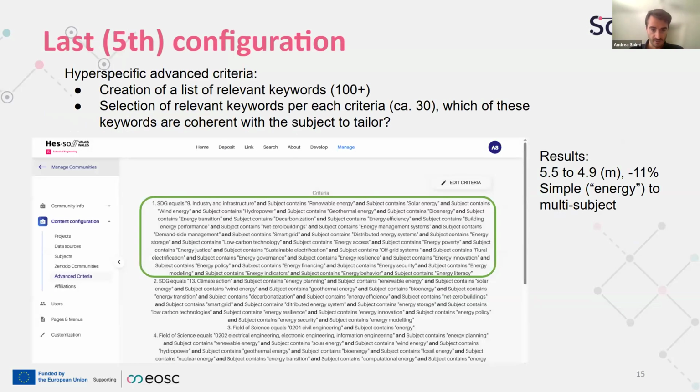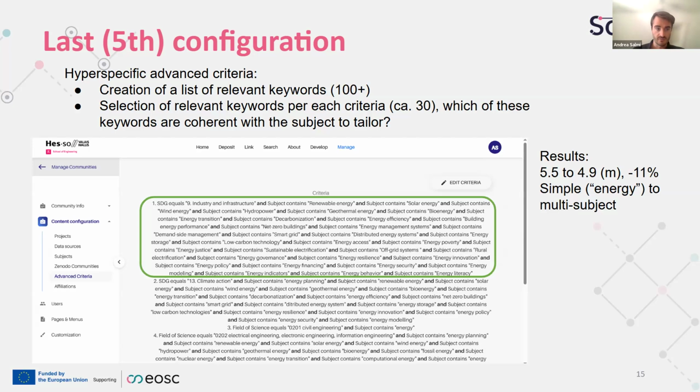And in the end, in the last configuration, we were trying to test some intensive, I would say, configuration of advanced criteria. How do we do it? So the idea that we are testing is to select for our pilot a large number of keywords, for example, 100.